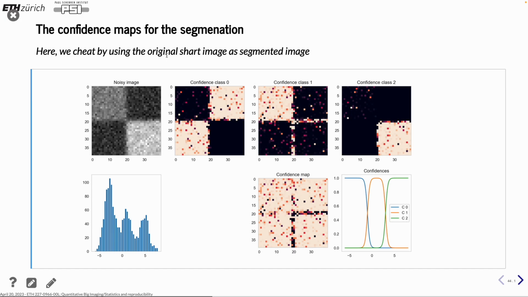The reason is that we have the big step between the classes, that we have multi-class segmentation, and here in the unsharp edge you partly run into an intermediate class. We combine all these with the help of the mapping from the segmented image. We get the final confidence map, which looks like this.